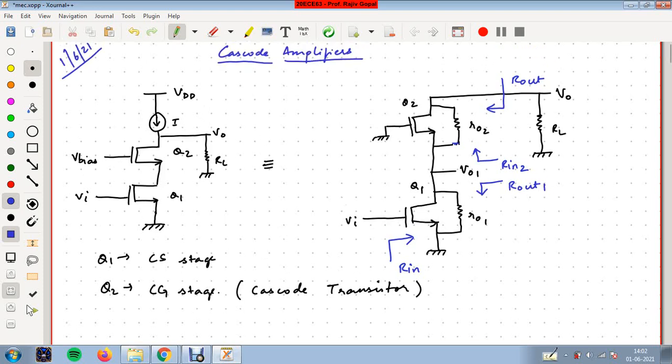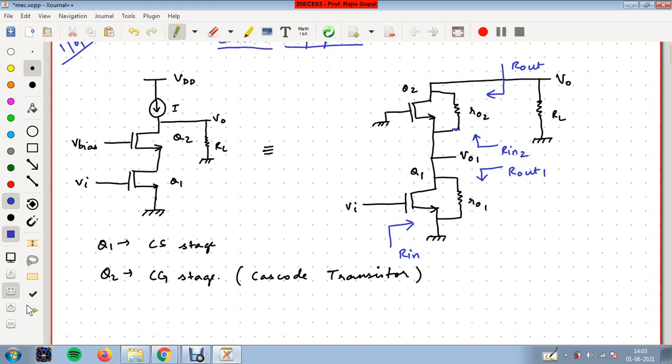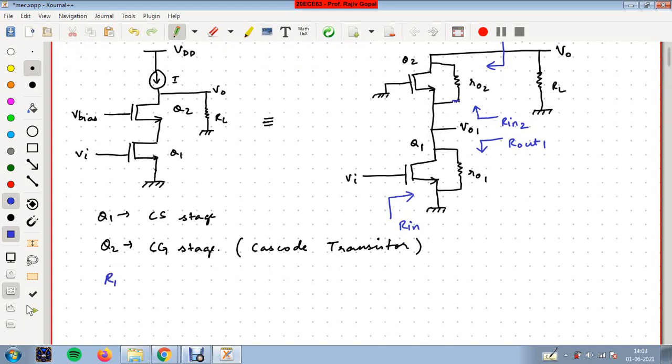So these four resistances are pivotal in understanding what is actually happening in a cascode amplifier. Rin is the input impedance, the same input impedance as a common source amplifier. Rout is the output impedance. Rin2 is the impedance seen into the source of Q2, in brackets I'll write upwards.